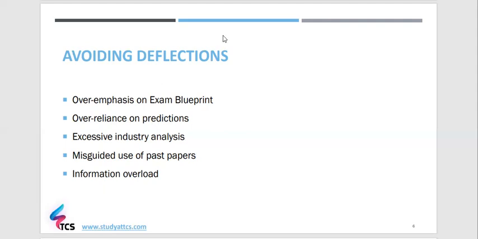And information overload is a problem as well. Why I'm telling you that is because usually students listen to their colleagues, they listen to several different tutors, and different people say different things. Your colleagues would say, you need to know your industry properly.